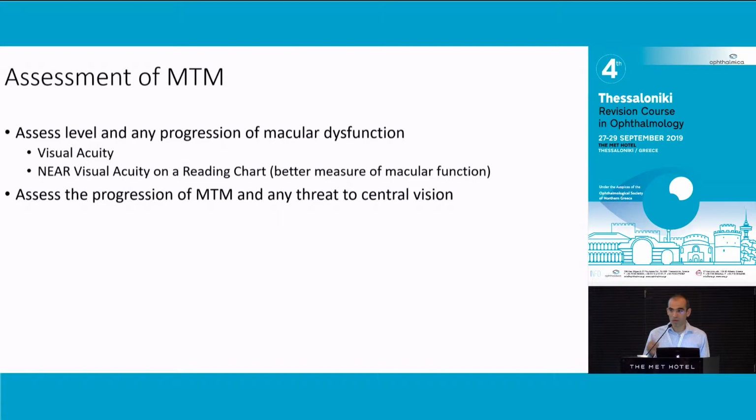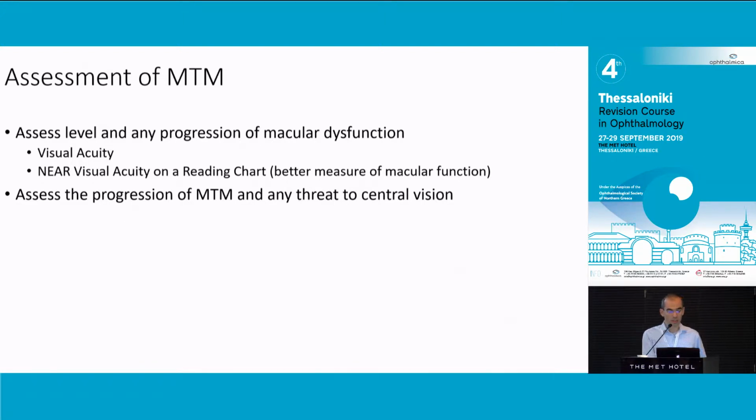When we read, the macula will not just pick up single letters, but needs to pick up words. So if the paracentral areas of the fovea are not working very well, you'll find that the reading speed really declines.